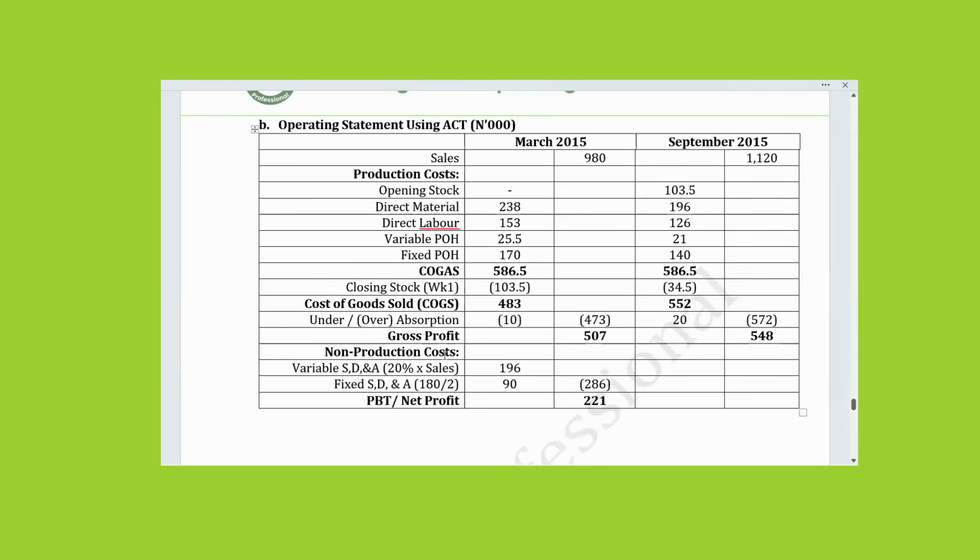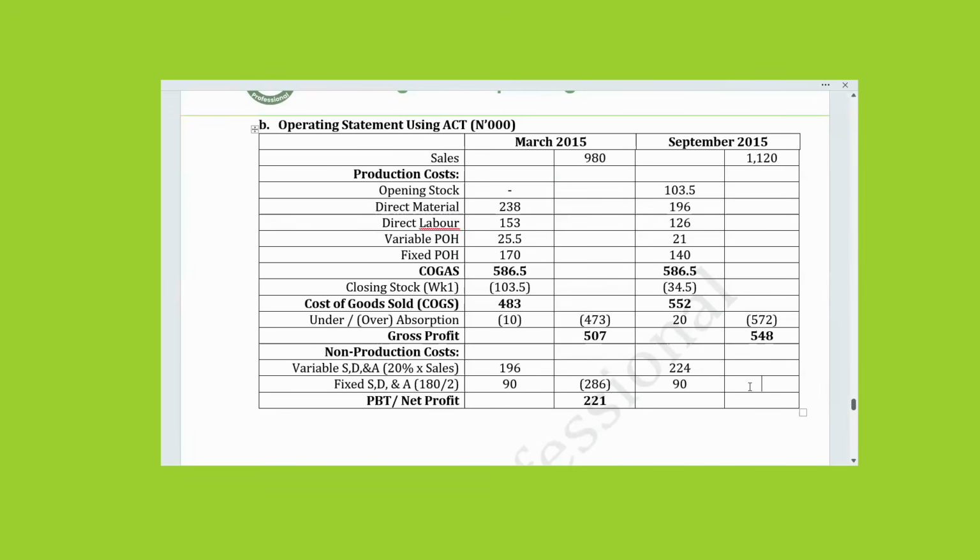548. All right. So consider non-production costs. What's 20% of 1120? 20% of 1120. 224. Right. Then fixed selling, distribution, and admin, 90,000.